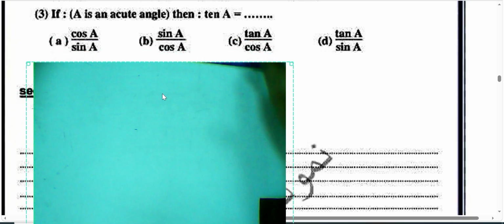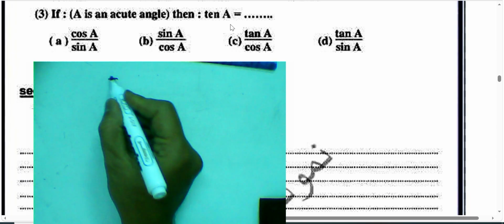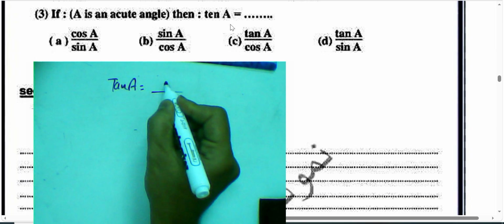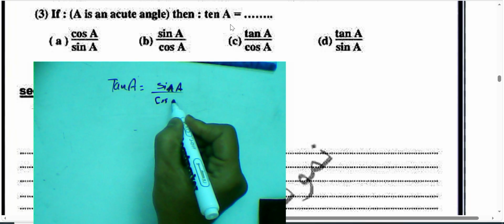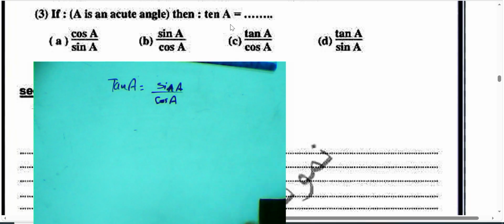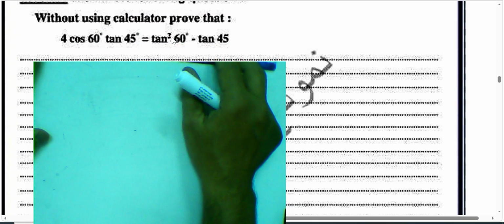If A is a good angle, then tan A equals sine A over cosine A, sine over cosine. Choose letter B. Without using a calculator, prove that left hand side equals right hand side.